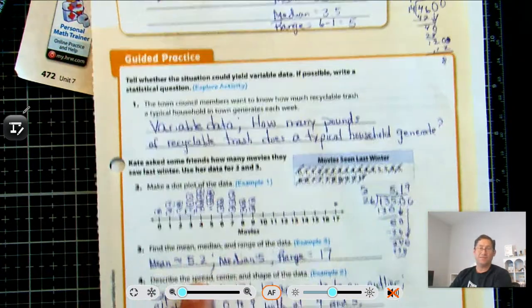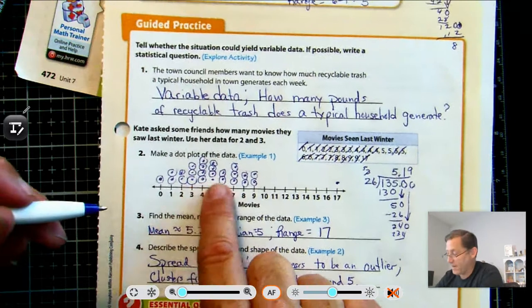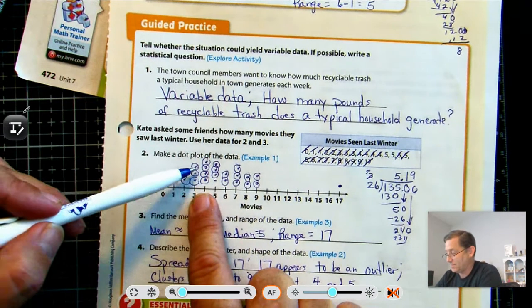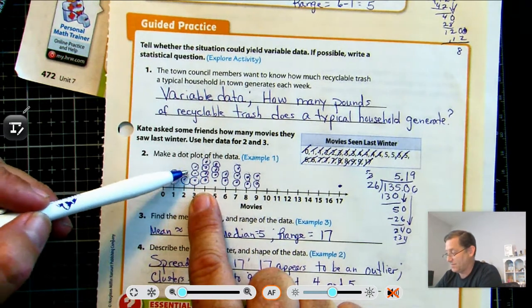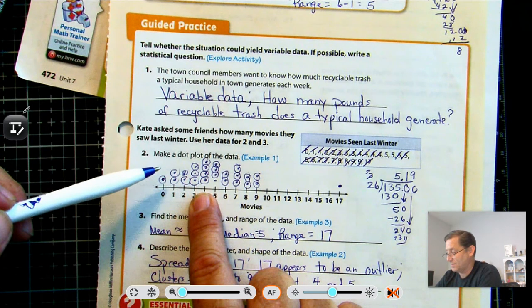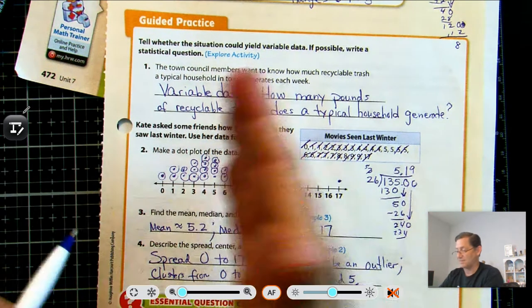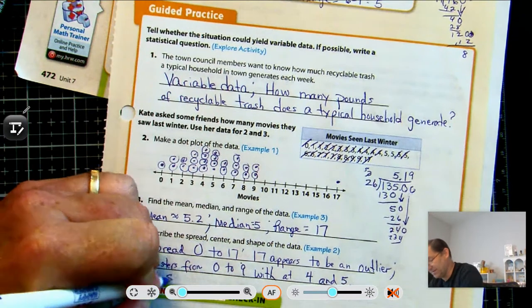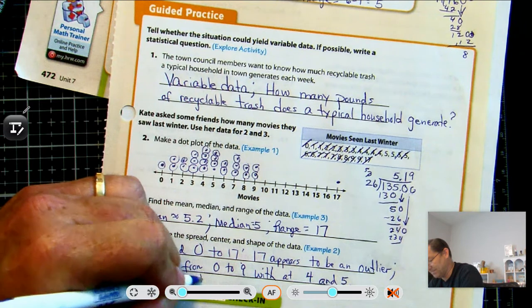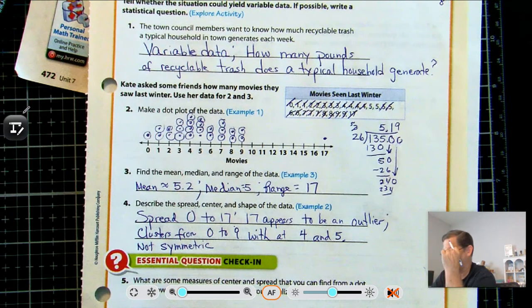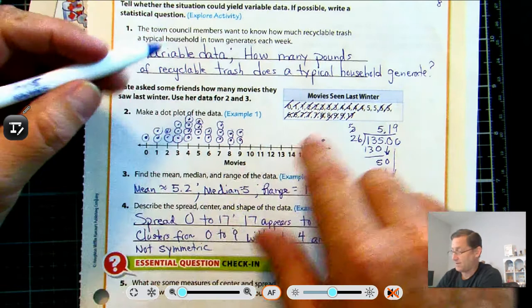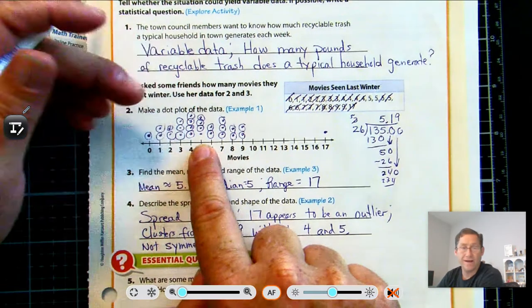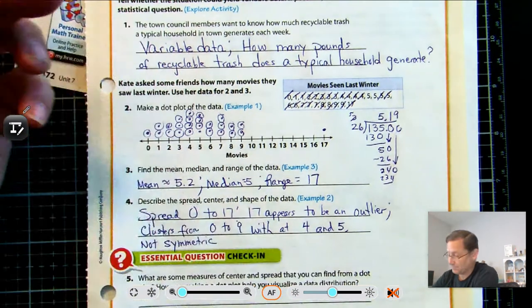Is the data symmetrical? If 4 and 5 is the center, no, it's slightly more to the right, so I would say not symmetric. There's 10 numbers to the right of 4 and 5, and there's 8 numbers to the left.